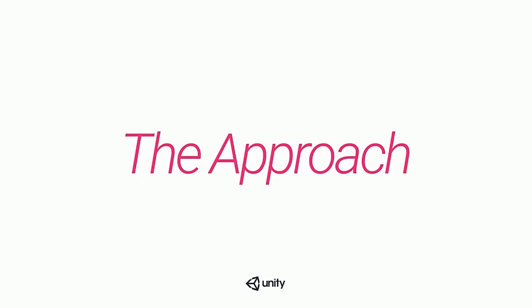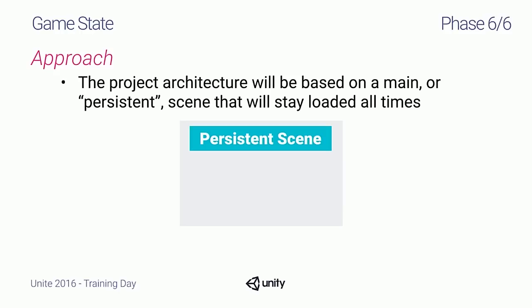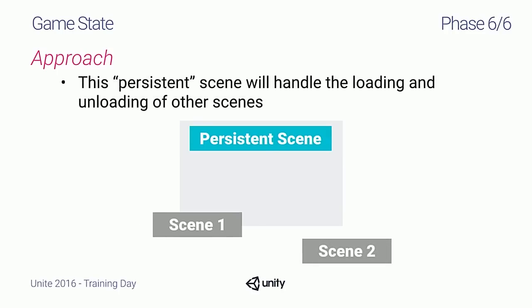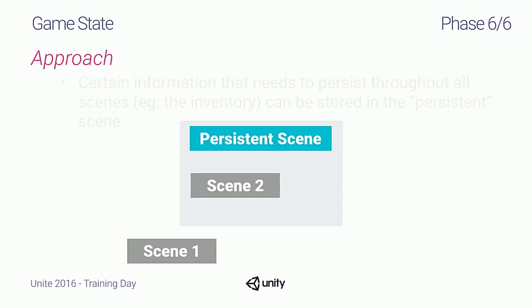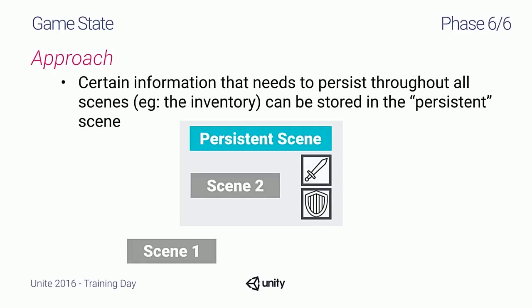We've come up with an approach, and the project architecture is going to be based on a main or persistent scene that will stay loaded at all times. That persistent scene will handle the loading and unloading of other scenes. Certain information that needs to persist through all scenes, such as the inventory, can be stored in the persistent scene.